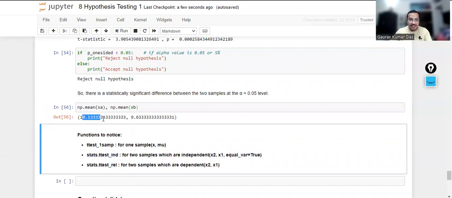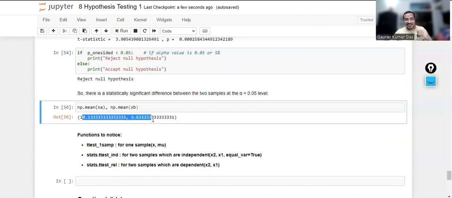You can see here xa is more than xb, but to quantify whether this difference is significant or not, we had to do the hypothesis test. So this 10.1 minus 9.6, whatever it is, is actually significantly different at alpha equal to 0.05 level.